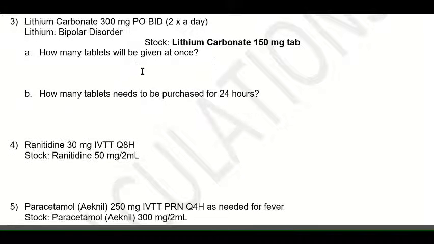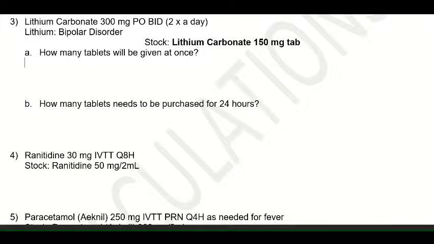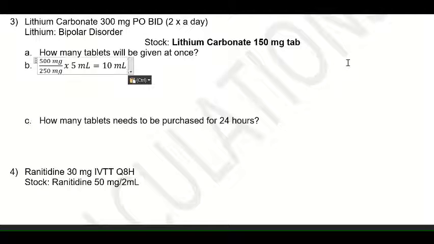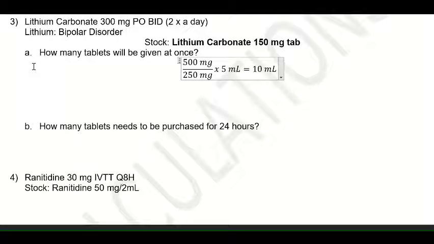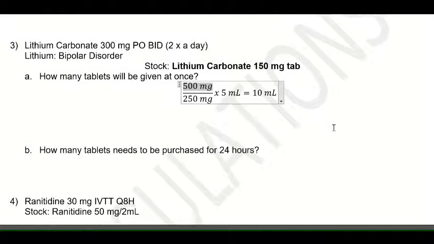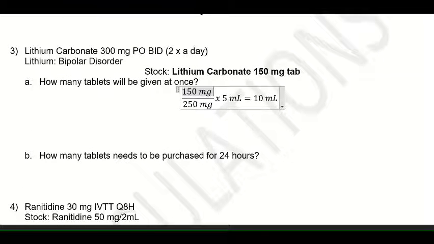Okay, let's always go back to the formula, because when we encounter complicated things, the formula will make it simpler for you. I'm copying and pasting my formula from the previous item here. Now, what's the desired? Desired is 150 milligrams.